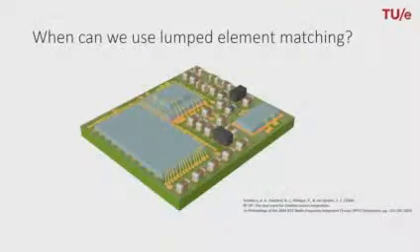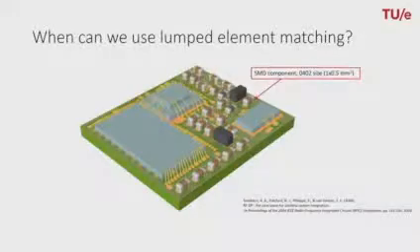Now, when can we use lumped element matching? This is an example of what we call a system in package. It was originally designed for Bluetooth. A system in package consists of many ingredients. You recognize here SMD components, so surface mount devices, being inductors and capacitors.